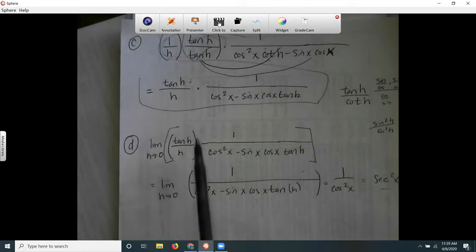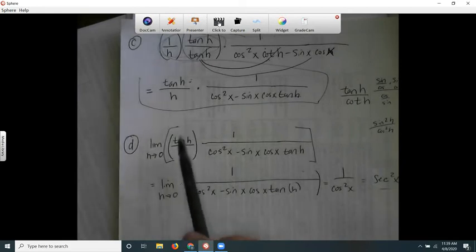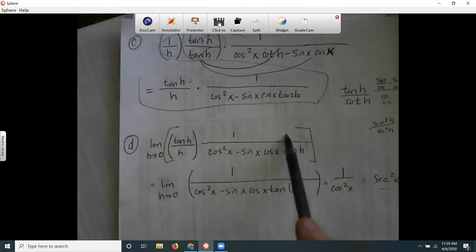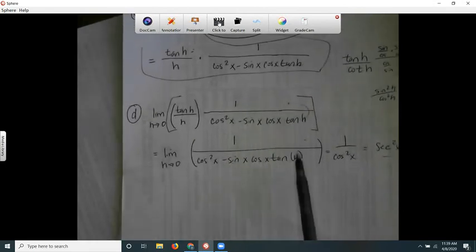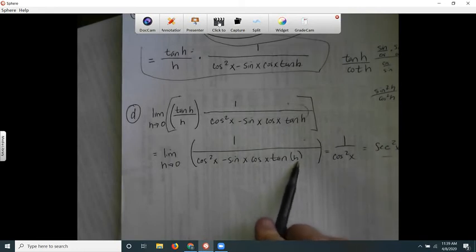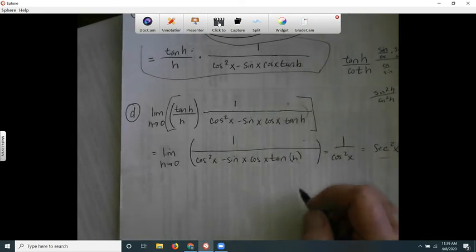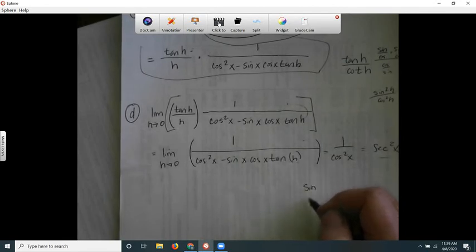So there's my answer to part C. And then they want me to take the limit as h approaches 0. And they told me that the limit as h approaches 0 of tangent h over h is actually 1. So that's going to be 1 times the limit of this. I didn't write the 1, but that's what it is. And then the limit of this as h approaches 0, the only place where we're going to plug an h in would be right here. So tangent of 0, tangent is sine over cosine.